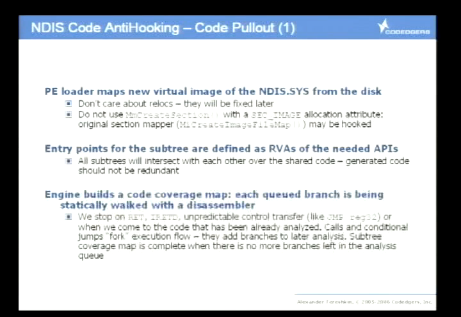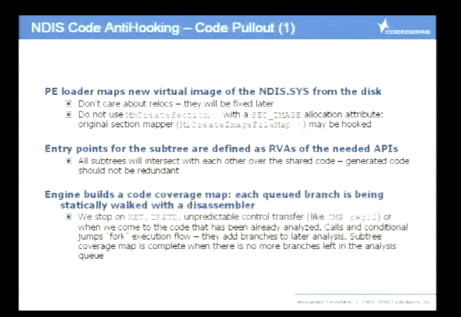To build the code subtree, we just need to perform a simple coverage of the code and rebuilding of the covered code. To do this, we will just walk our entry points, and original entry points will be defined as relative virtual addresses of the needed APIs.